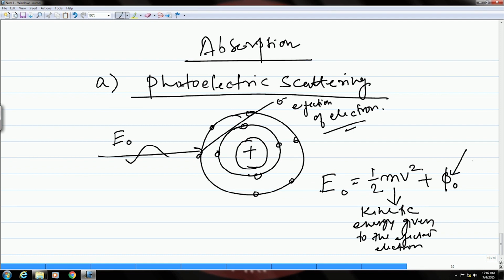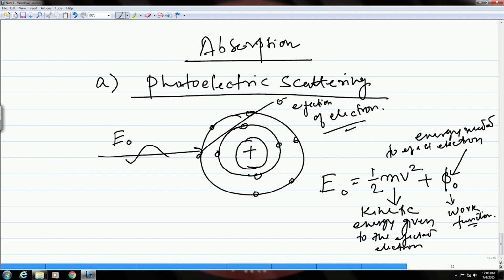And this is the energy needed to eject the electron from the outer shell. And this particular parameter is called work function, which is the energy needed to eject an electron from an atom.